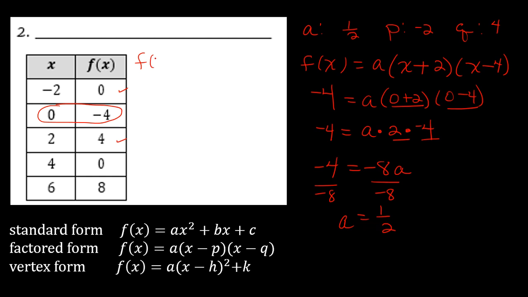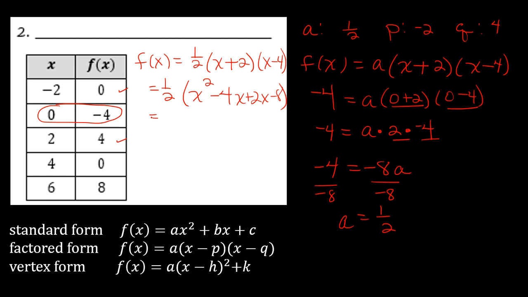So we're going to write this in factored form. A is 1/2, x minus negative 2 times x minus 4. We're going to convert it to standard form. We're simply just going to multiply all these factors. First, I'm going to multiply my binomial factors. I get x squared minus 4x plus 2x minus 8.